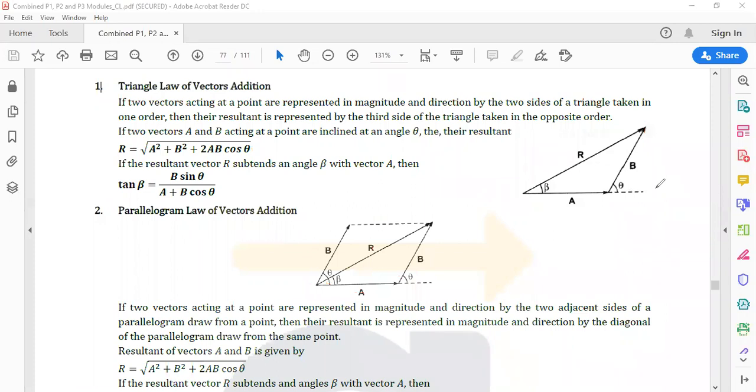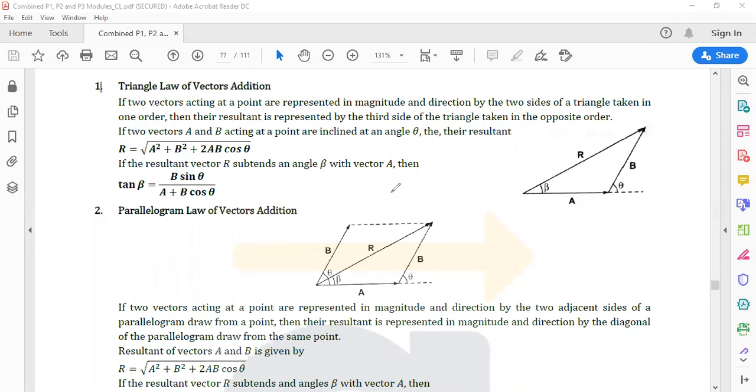So this was the magnitude of the resultant vector. Now, the angle made by the resultant with respect to a vector is beta.